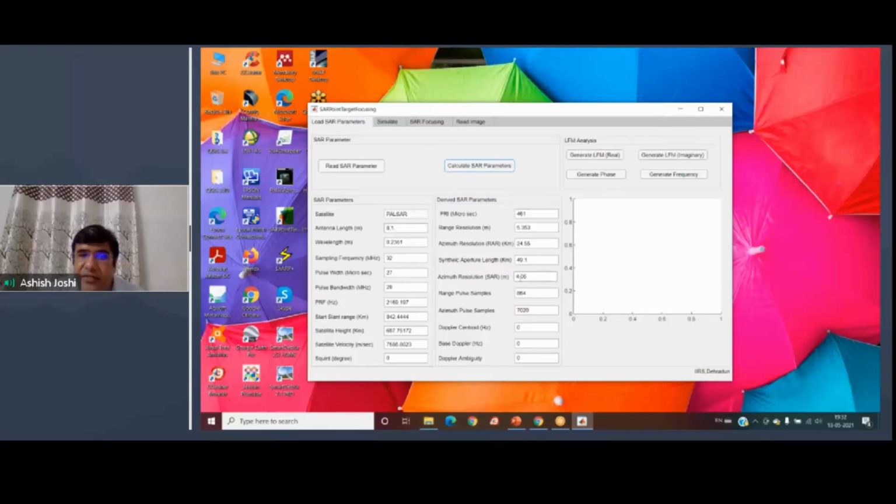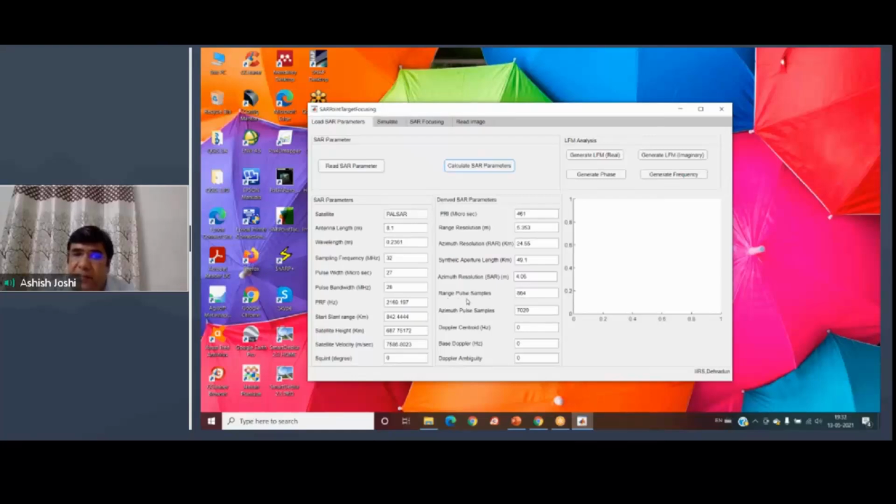So the synthetic aperture concept makes the azimuth resolution 4.05 meter. The synthetic aperture is forming a 49 kilometer length in space. Because the synthetic aperture is very much larger, we get a better azimuth resolution, which is 4.05 meter.